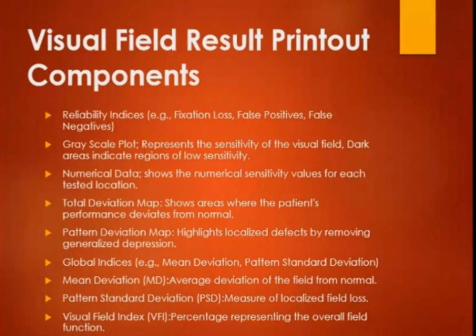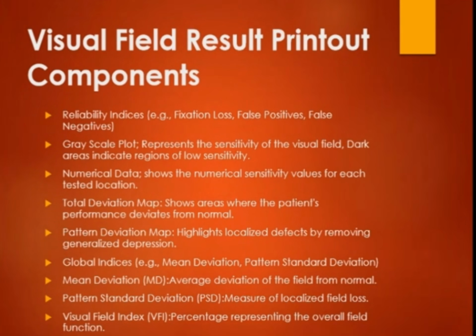The fixation loss, the false positive, and the false negative are all part of the reliability indices. Once you get a visual field result, check if any of them is more than 33%. Some authors will tell you more than 25%, please do not interpret. Some other authors will tell you more than 33%, please do not interpret.